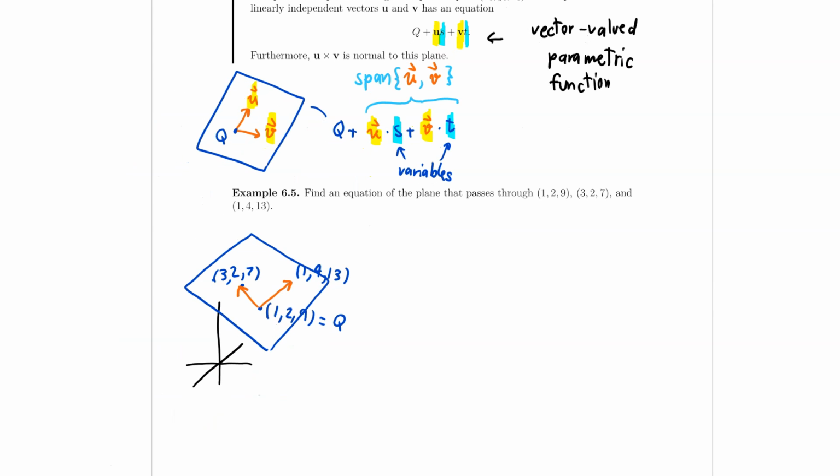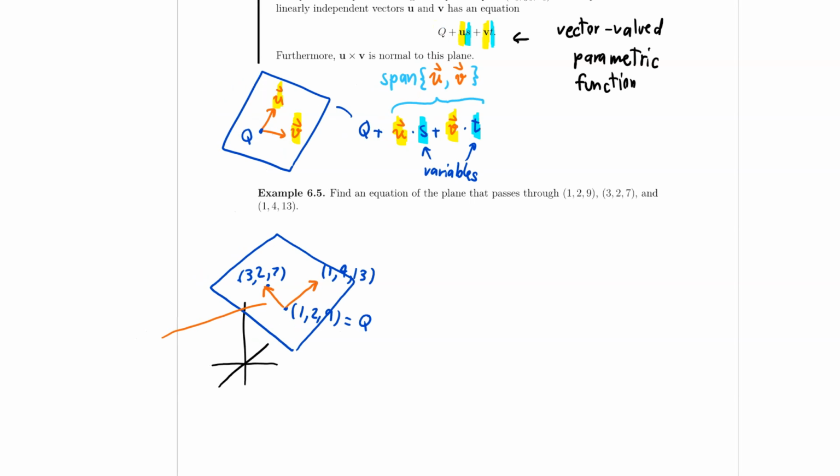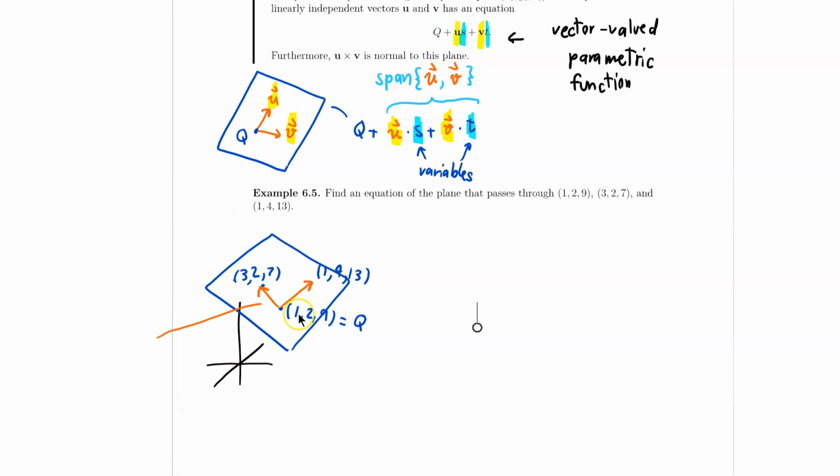So let's see what the coordinates for my orange vectors are. This one will be 3 minus 1 is 2, and then 2 minus 2 is 0, and then 7 minus 9 is negative 2. So this is the coordinate for my first orange vector. And for my second orange vector, the coordinate is going to be 1 minus 1, which is 0, 4 minus 2, which is 2, and then 13 minus 9, which is 4.